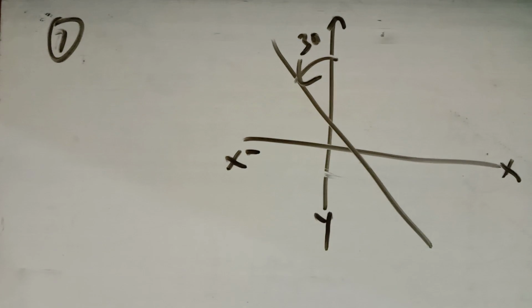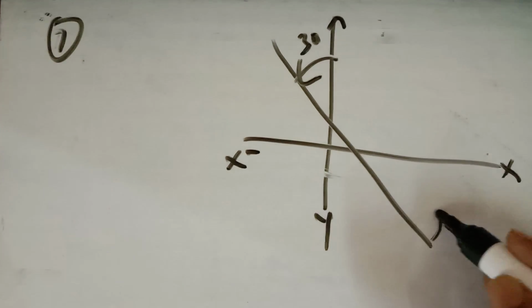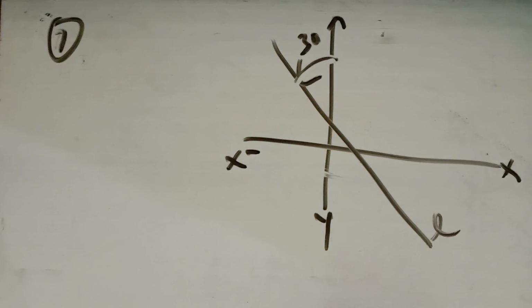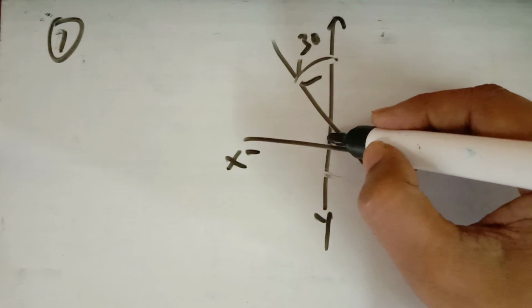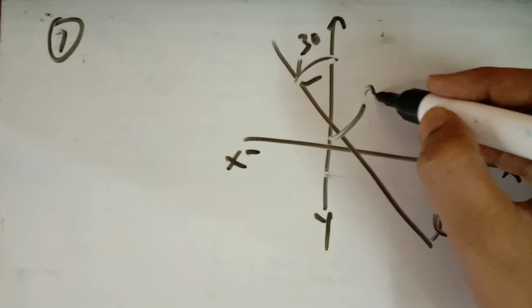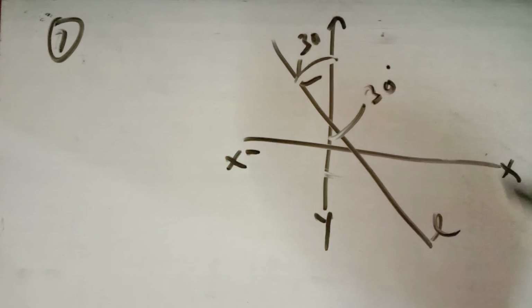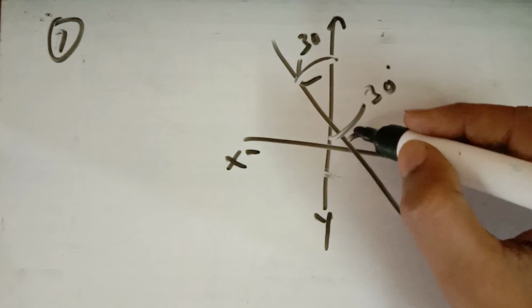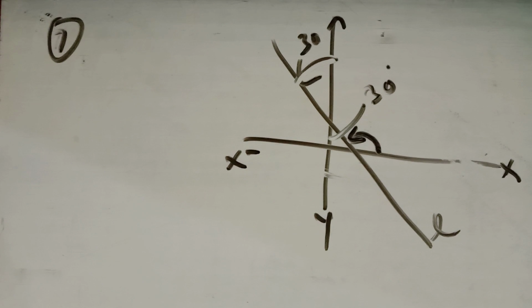I have drawn this figure, and you have to find the slope of the line L. Because this angle is equal to 30 degrees, this angle will also be equal to 30 degrees because they are vertically opposite angles. Because you have to find the slope of the line, we have to find the angle of inclination, that is the angle made by the line with the positive direction of the x-axis.